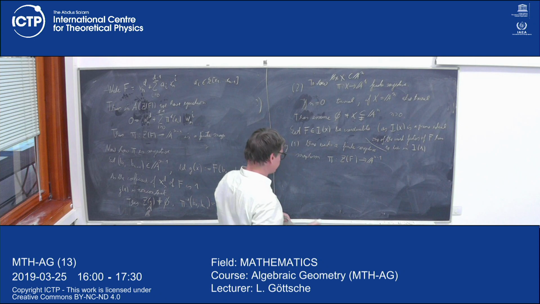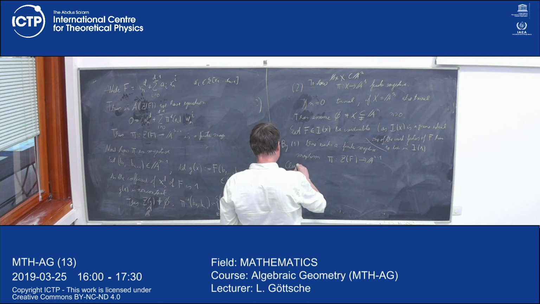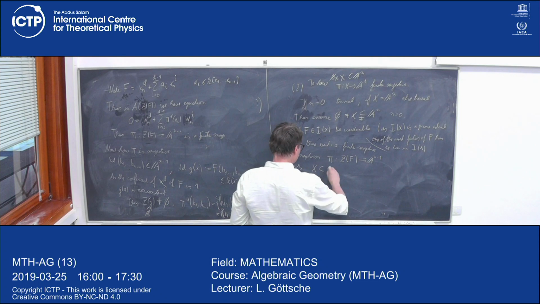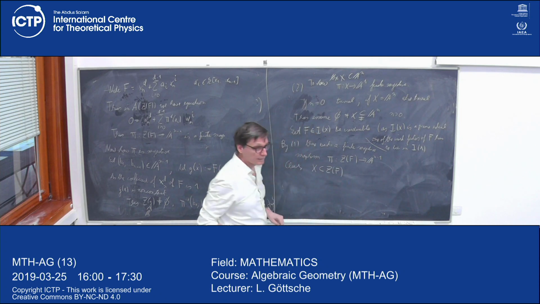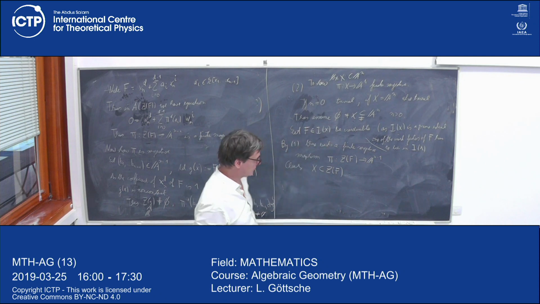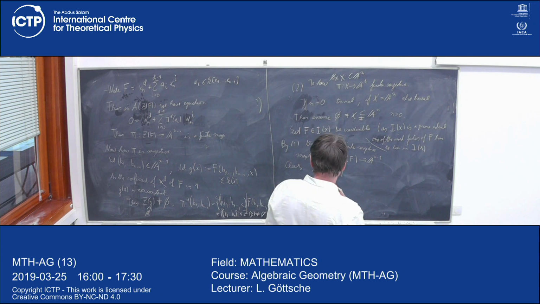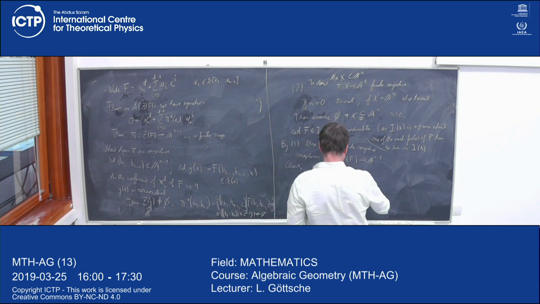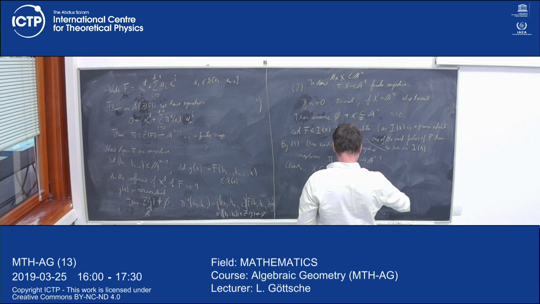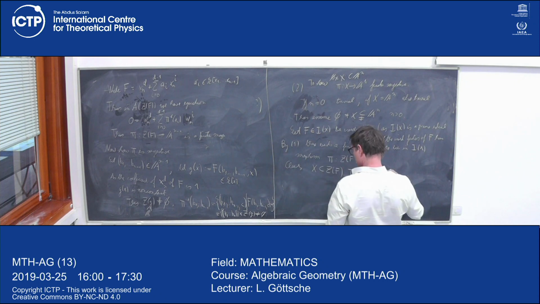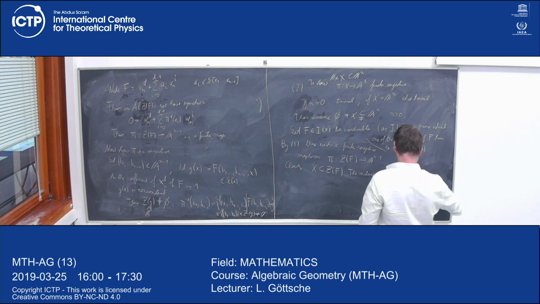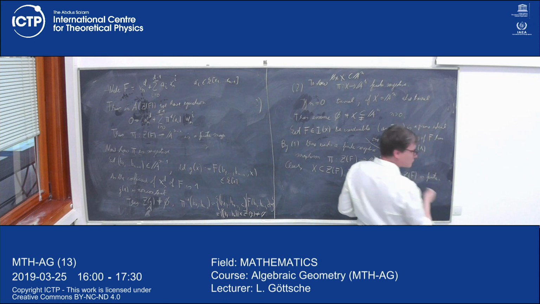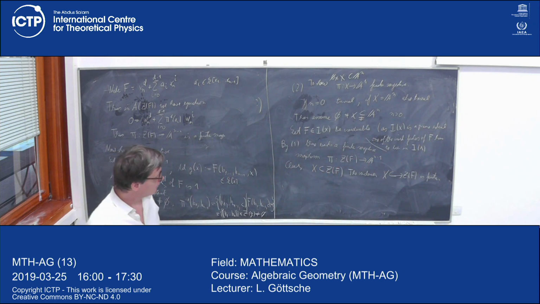And clearly, X is contained in the zero set of f, because f is an element in the ideal of X. So we know that the inclusion of X into the zero set of f is a finite morphism, because we know that the inclusion of a closed subset is finite.